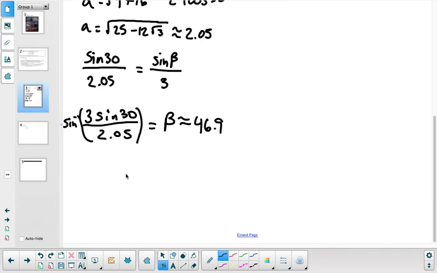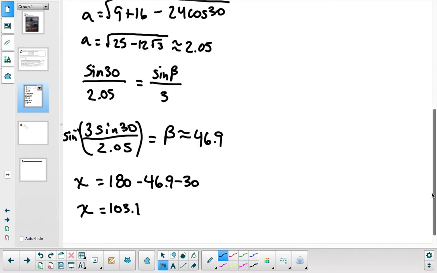And from here we can solve for chi. It's 180 minus 46.9 minus 30. You should get that it's 103.1. Go back and label your triangle, but essentially that's it.